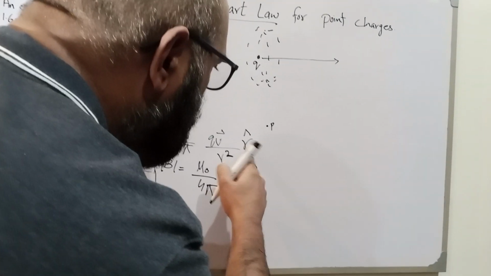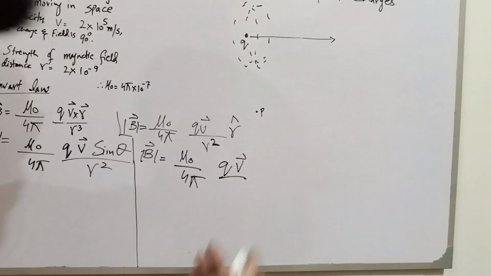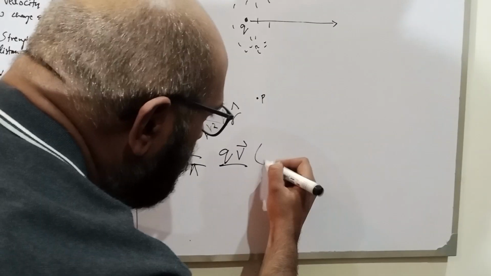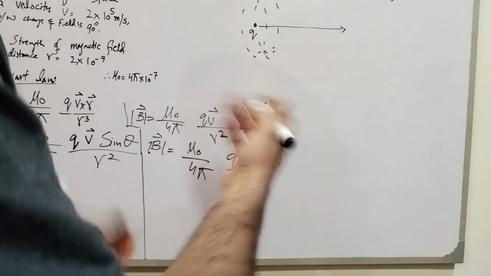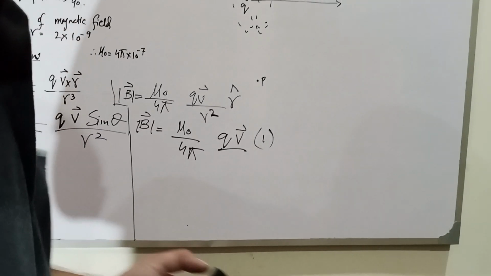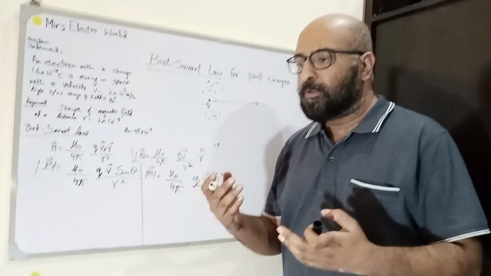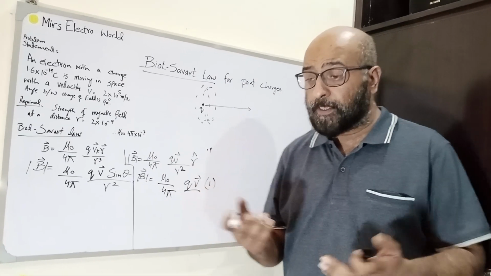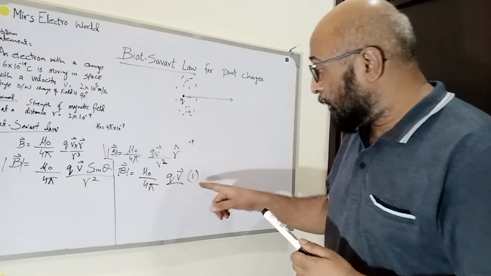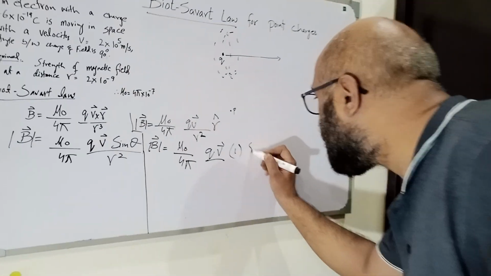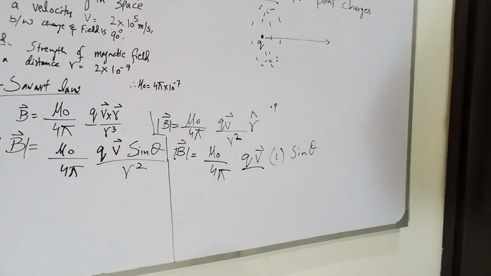Now this unit vector is replaced with 1. The unit vector tells us two things: first that it's a unit vector, and second the direction. So for the direction we are introducing the sine theta here.